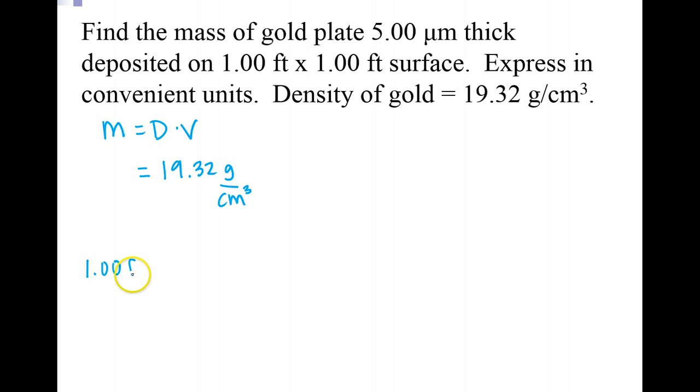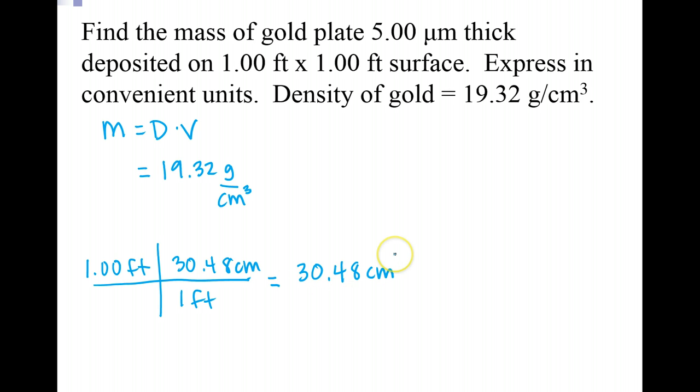1 foot, if you consult a table of conversion factors, is equivalent to 30.48 centimeters. So we know each of the 1 foot by 1 foot sides would instead be 30.48 in terms of centimeters. When you're looking at 5 micrometers, if I know my metric prefixes, micro is 10 to the negative 6th.